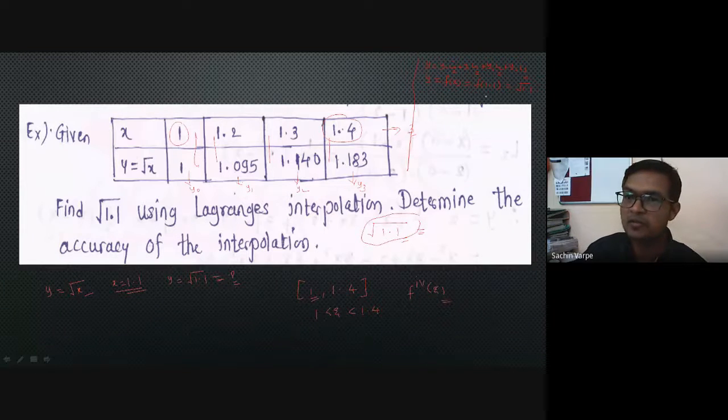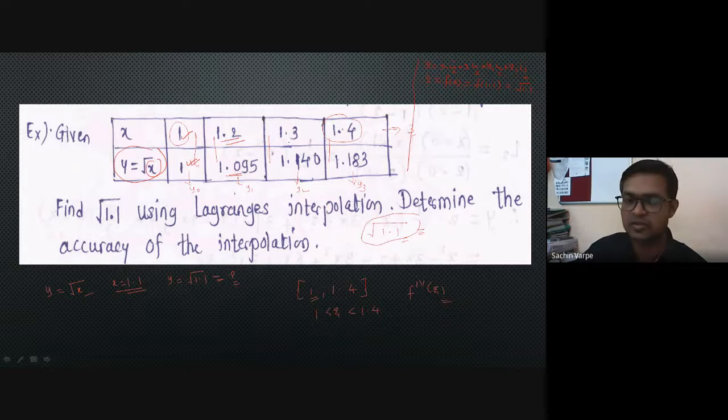You might be thinking, what is the square root here? So you can see here y equal to root x. So for x equal to 1, y will be root of 1, that is 1. For x equal to 1.2, root of 1.2 will be this.